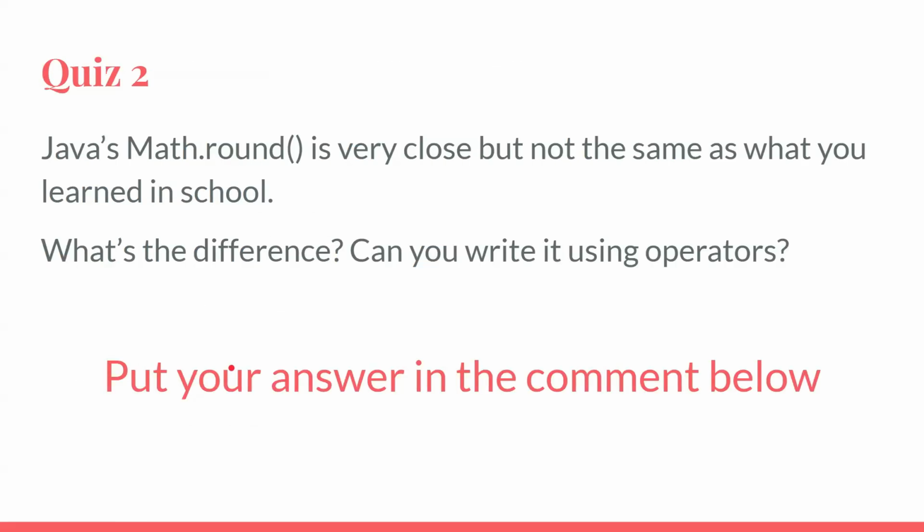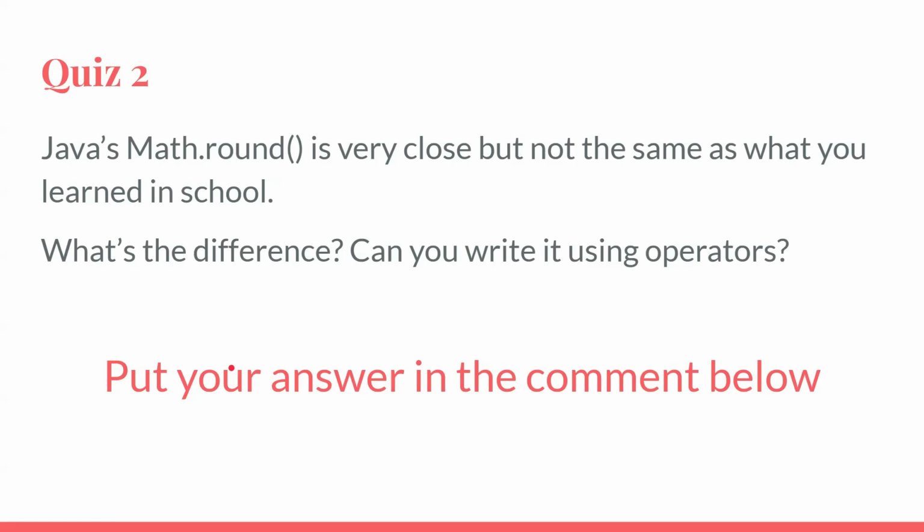Time for another quiz. Math.round is very close, but it's not the same as the method you learned in school. My quick research doesn't show the historical reason for this difference. Let me be clear. It's not a problem with Java. It's working as documented correctly.